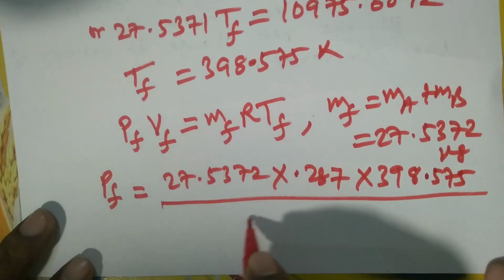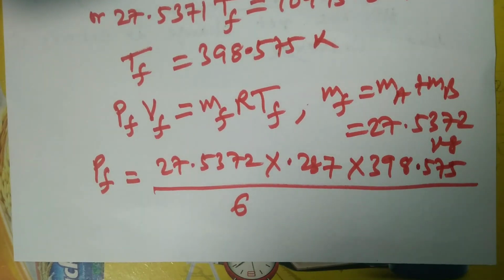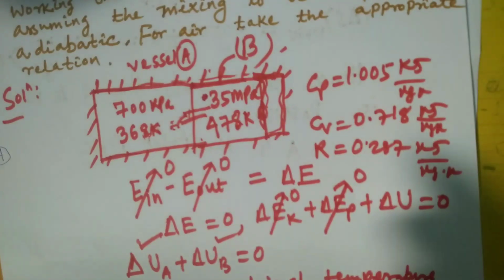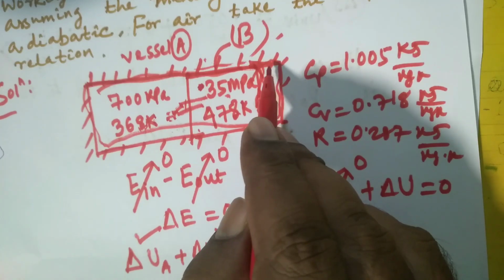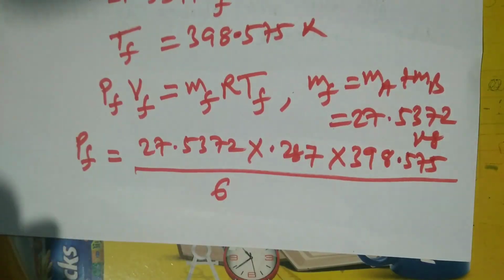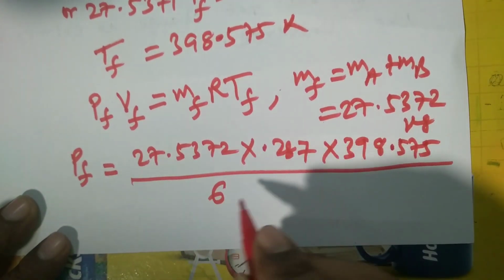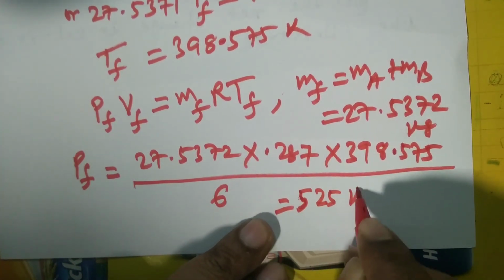Vf is here 6, because after the mixing has taken place, the air in the two vessels will mix with each other, so the volume will become 6 meter cube in place of 3 meter cube. So Pf is 525 kilopascal.